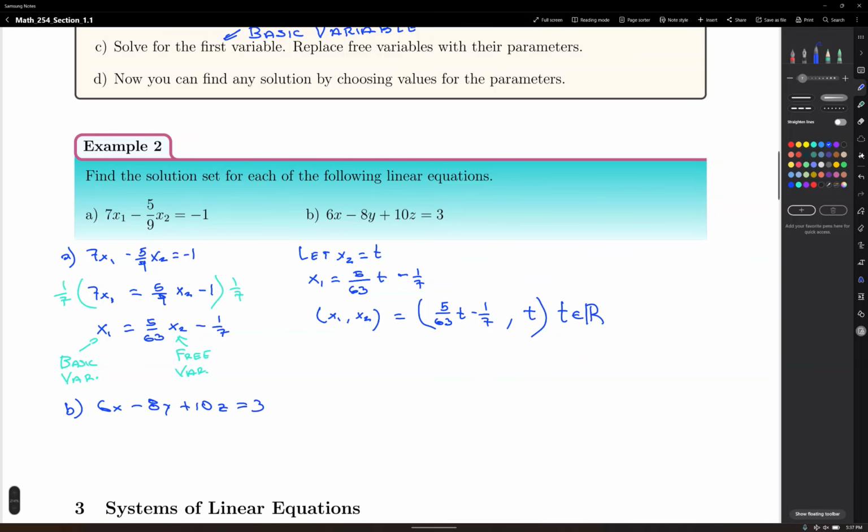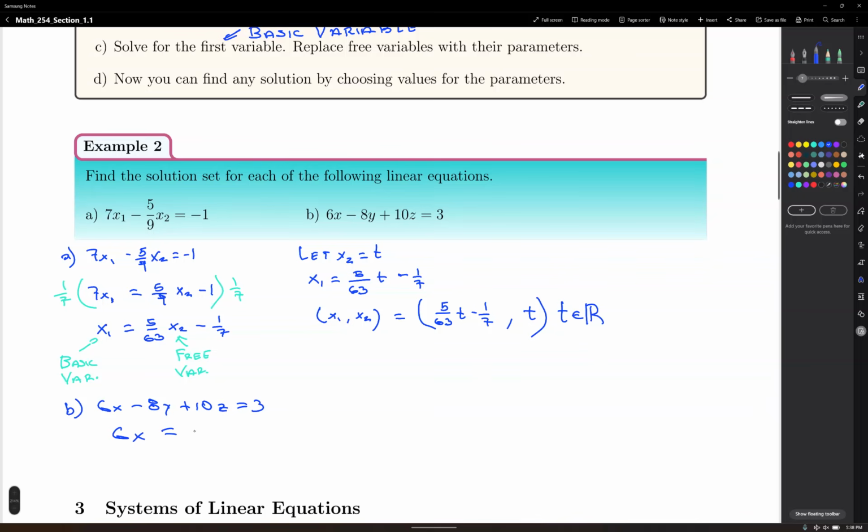Again, you have your choice to let x or y or z be the basic variable and the remaining ones the free variables. But again, typically the first one we see, which is x, or the first one in alphabetical order, or the first one in the subscript denomination, is the one that we take as our basic.